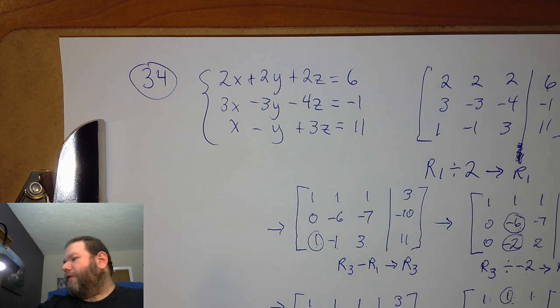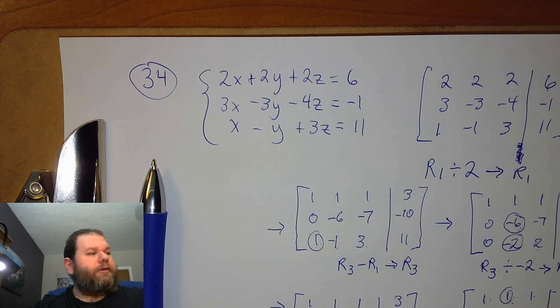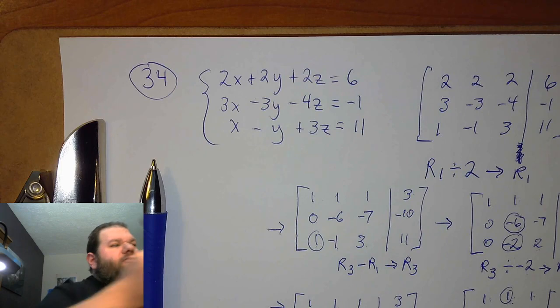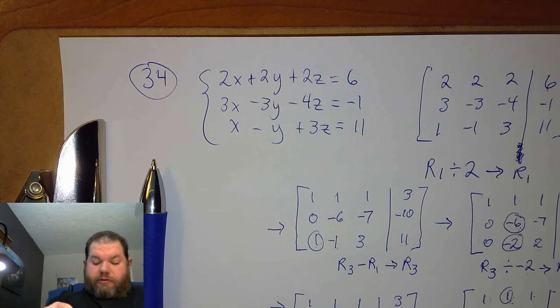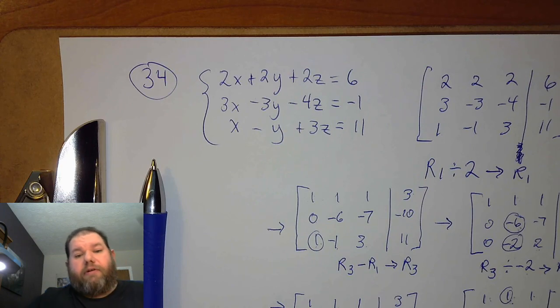Trying to think of this from an application standpoint. What could we be actually finding here? And honestly, the examples they give are not a lot of help.